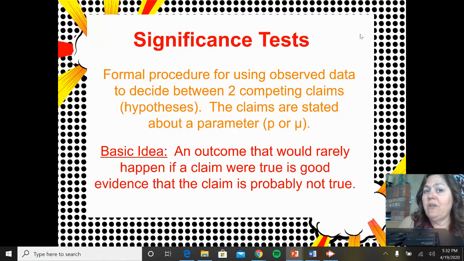So we would reject the claim. We would reject the H0, sorry, that was there, and say we have evidence that that's probably not true.